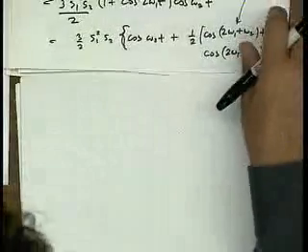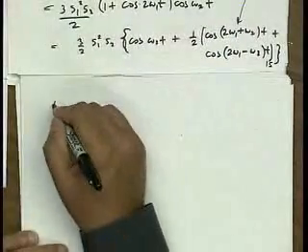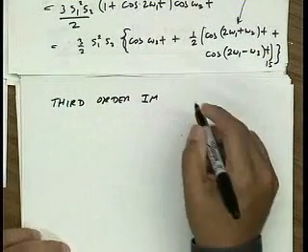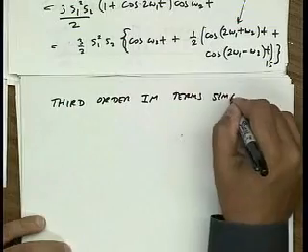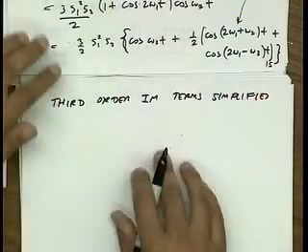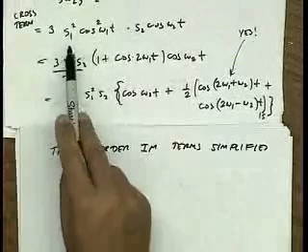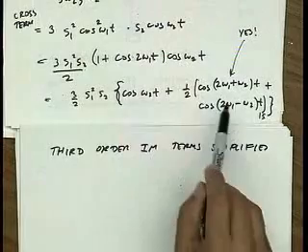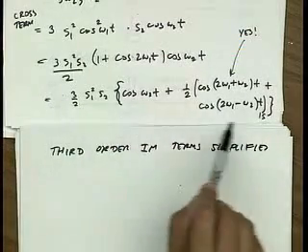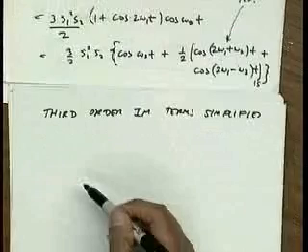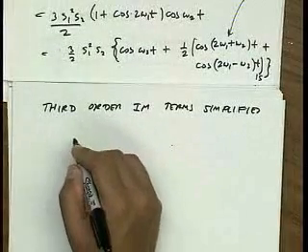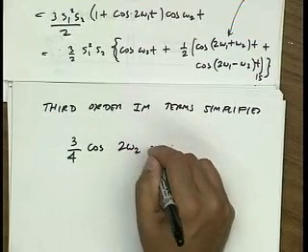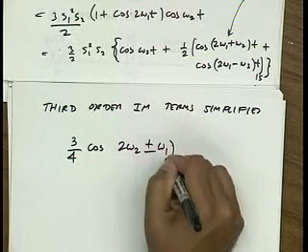So we can see that the third order intermodulation terms, we did this for one cross product, right? I took this squared, this linear. I could do the other way around, and you'd say I get two more. I don't have to redo the math. I can just interchange 1s and 2s in that equation. So the intermodulation terms look like 3/4 cosine 2 omega 2 plus or minus omega 1.